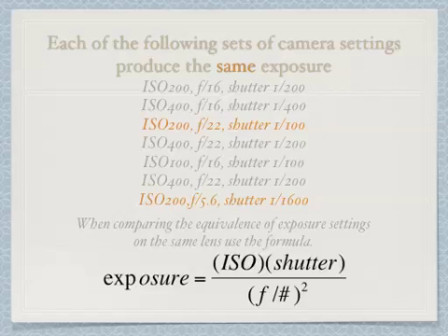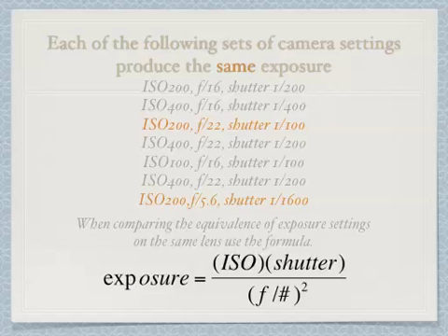I have a whole set of camera settings now listed on this page, where each of these camera settings ends up producing exactly the same exposure in the photograph. ISO 200, f16, shutter 1/200. That's using the f16 rule, for example. But that's the same as ISO 400, f16, shutter 1/400 seconds.